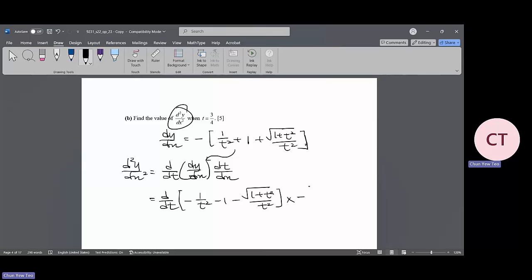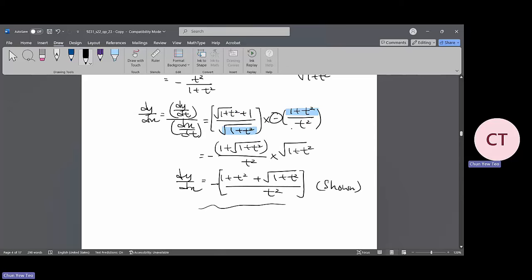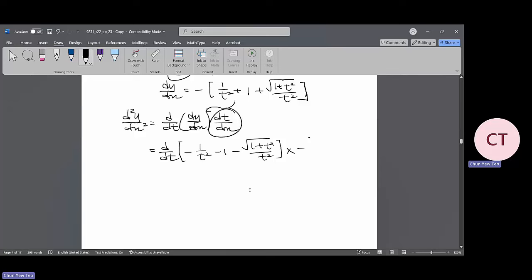The dt dx over here is coming from this part, so we just copy down negative 1 plus t squared over t squared. The negative over here, actually we can simplify it, which will make our job easier. So we can cancel the negative. Then over here, you differentiate this, you get negative 2 over t cubed. This one differentiate, you get 0.